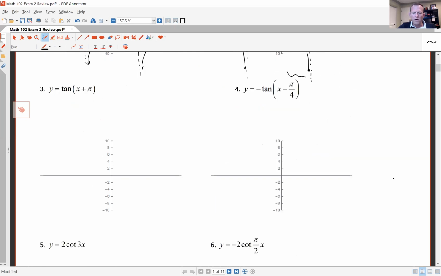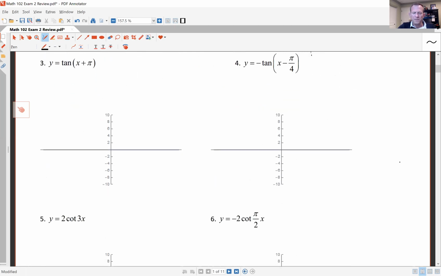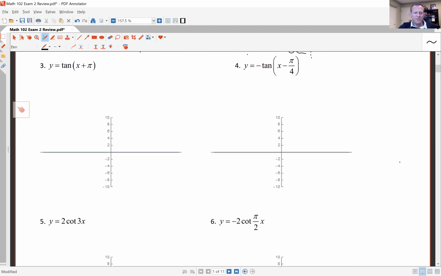Now 3 and 4, these are the shifting of the tangent functions. These are what we call phase shifts. And so I'm thinking this x plus pi means that I'm shifting my graph pi units to the left.